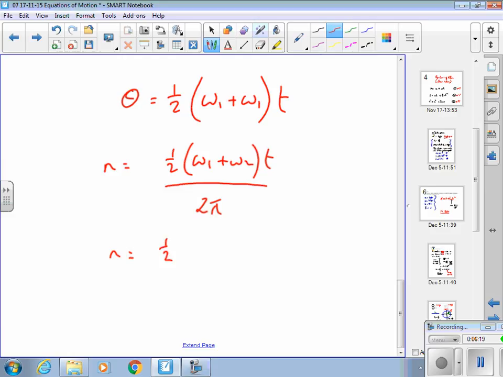A half, omega 1 was 2 pi, well in fact 2 pi times 50, wasn't it? Omega 2 was 0. Time is 10 pi seconds. We just worked that out, over 2 pi. Yes, this 10 pi is the time we got from part A, isn't it? So that's t, 10 pi.